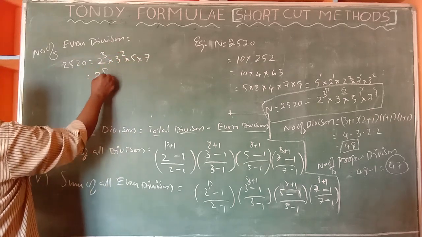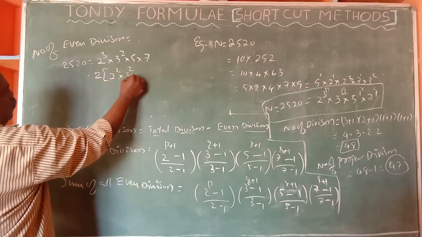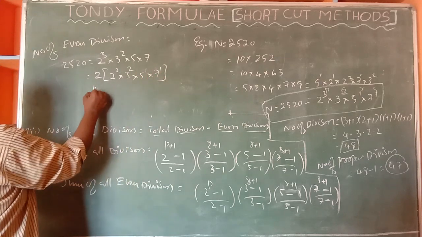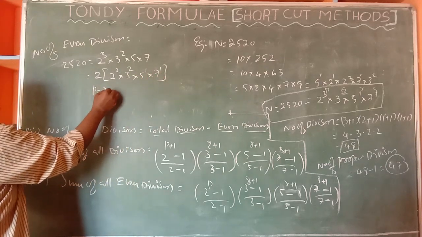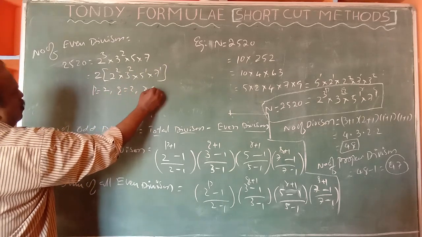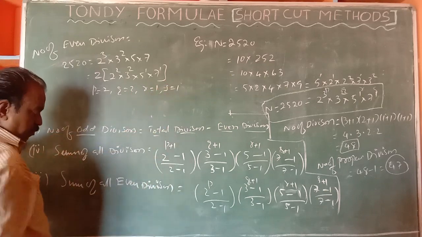You take 1 power of 2 as common. This is 2 square, 3 square, 5 power 1, 7 power 1. Now P is equal to 2 only, Q is equal to 2, and R is equal to 1, that is also 7.